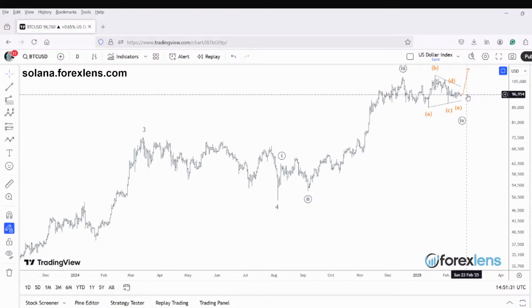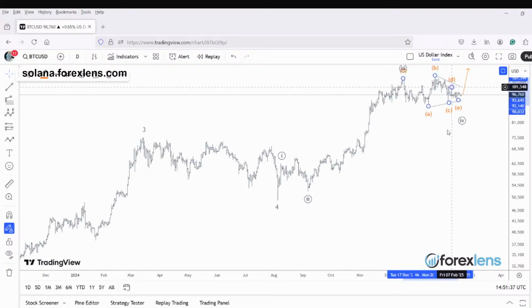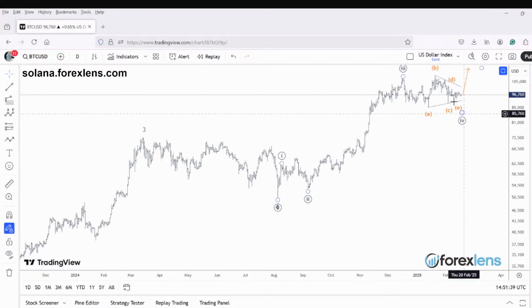All right, so that is Bitcoin. Hold on to your longs, please, and add further if you're not yet done. Stop loss ideally goes around the 89 mark, which we suggested in the trade setup, and take profit is around 115, 123.